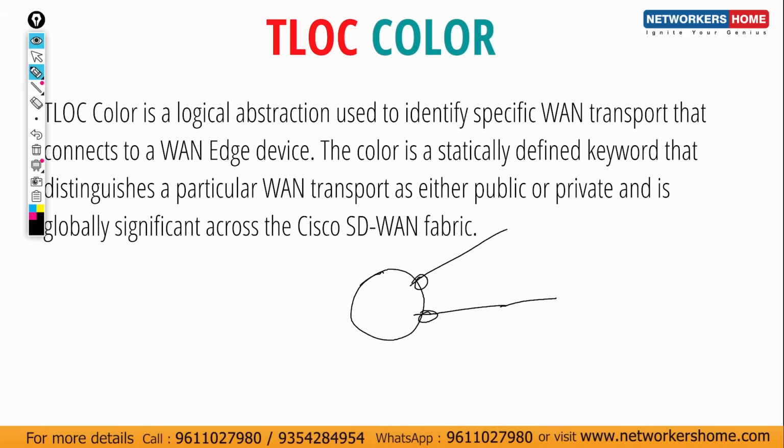Say this is VH1, and he has 2 interfaces, gigabit 0/0 and gigabit 0/1. So we need some kind of identification. So this becomes MPLS, or this becomes biz internet, or any other naming convention. 22 are default, plus you can create your own naming convention also. So public and private default naming conventions are basically there. This is just a distinguishing mechanism. You distinguish between these 2 interfaces, nothing more than that.